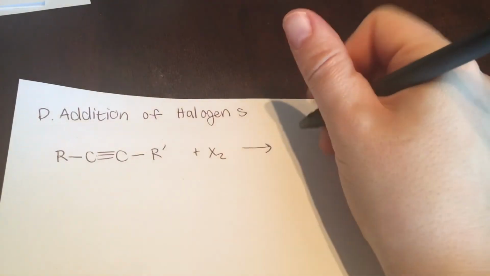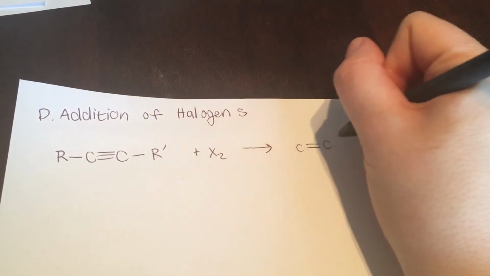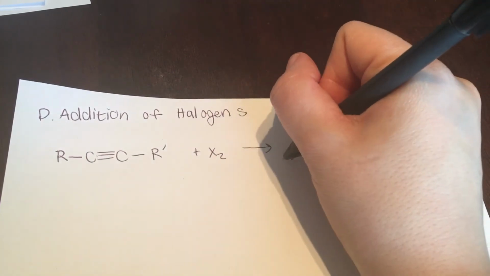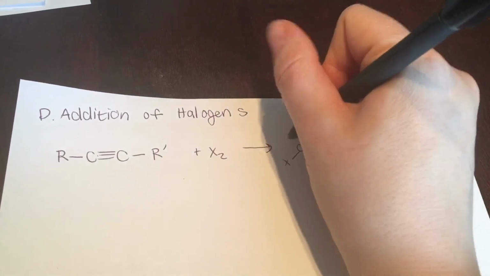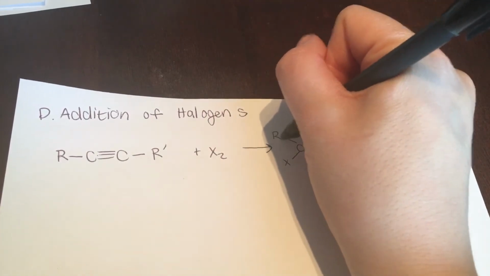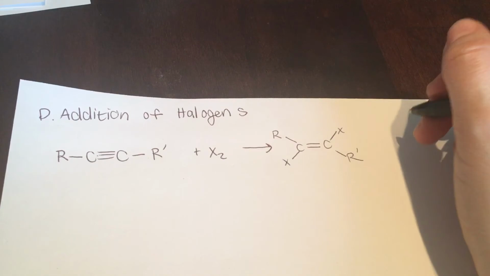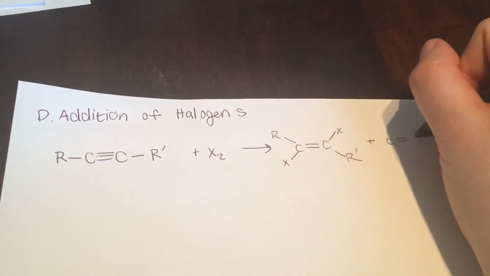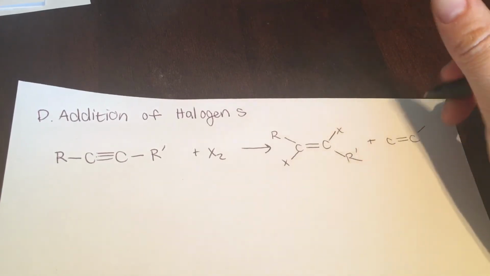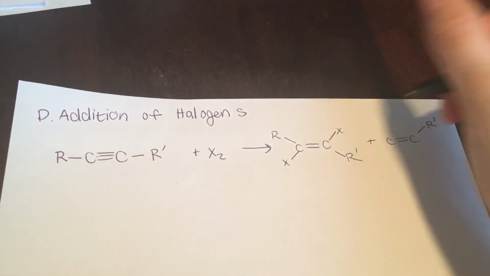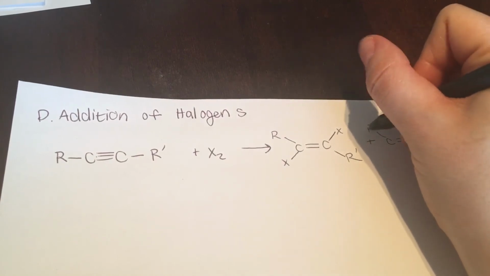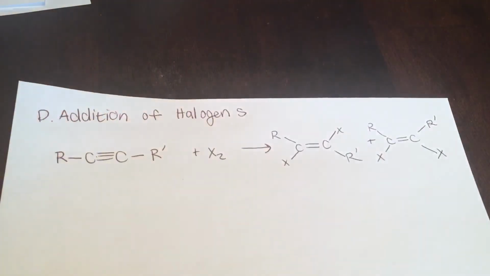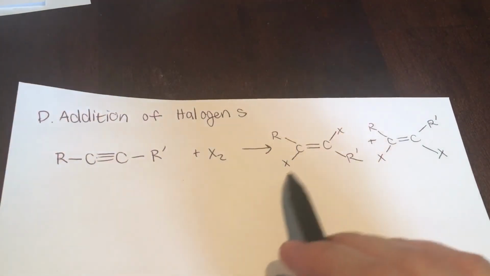It is going to add both syn and anti. It follows a very similar mechanism to that we did in chapter 8. So it goes through like that brominium or chlorinium ion looking thing. But since these are trigonal planar intermediates, it's not going to have a preference for either syn or anti addition.